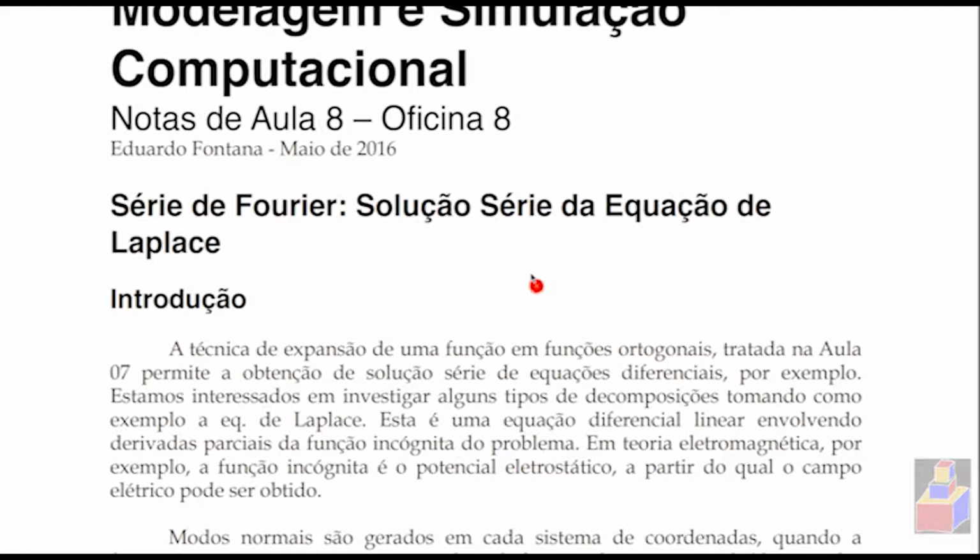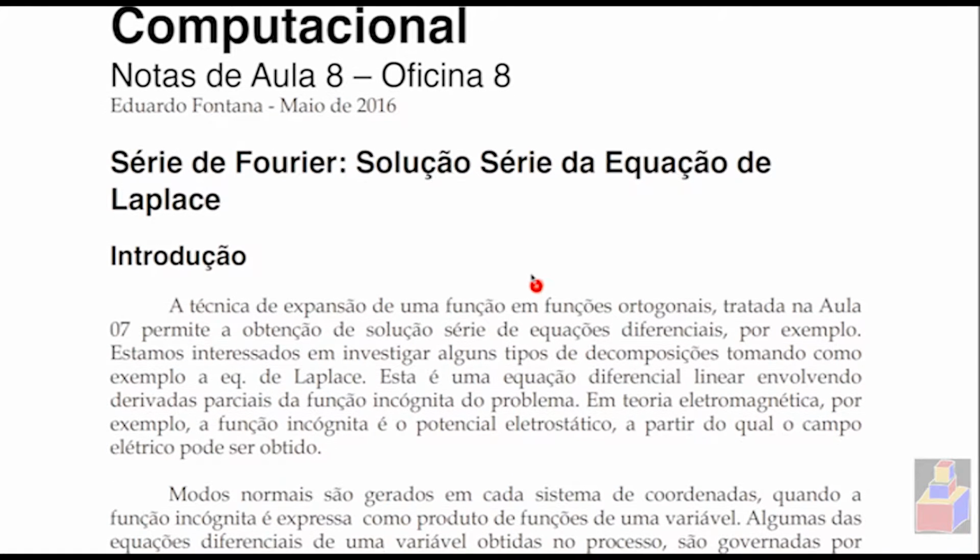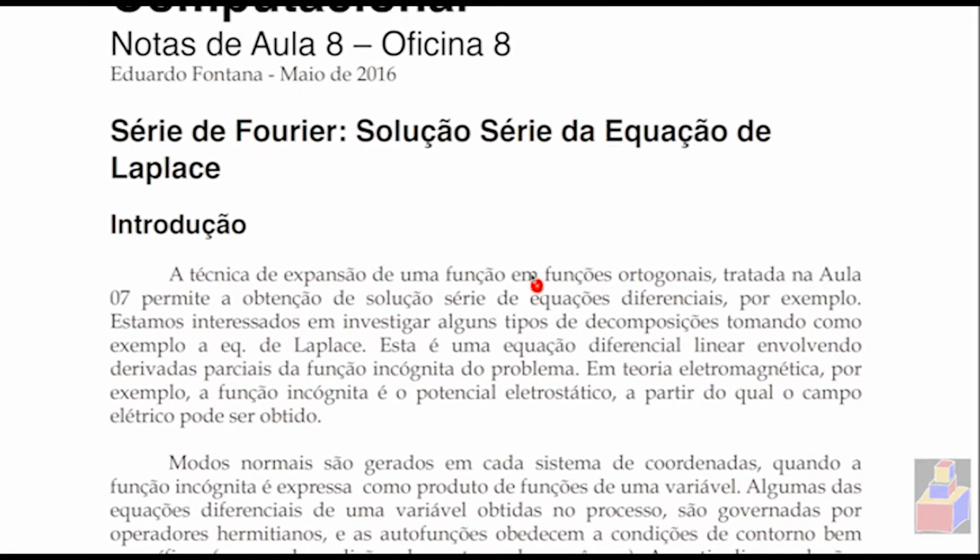So our objective is to illustrate how these eigenfunctions come by as a solution of the Laplace equation.